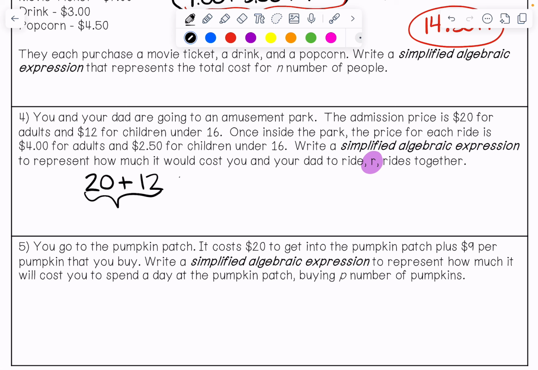So right now, we're paying $32 for us to get into the amusement park. Once we're inside the park, every ride, your dad is going to pay $4 for and $2.50 for you. So one ride, $4 for him, $2.50 for you. Okay, so that would be a total of $6.50.